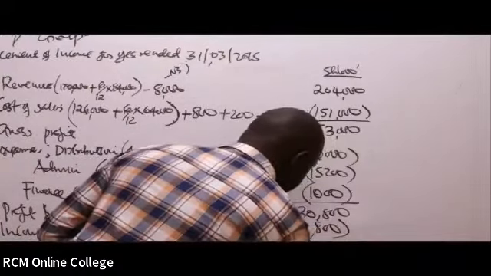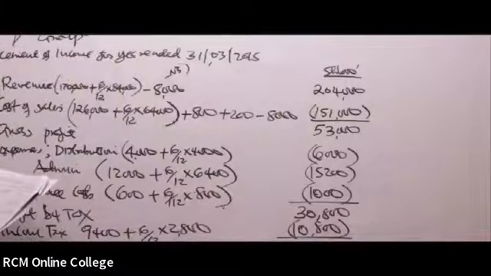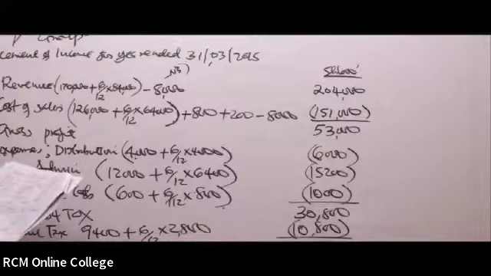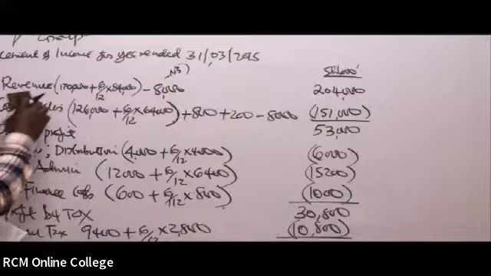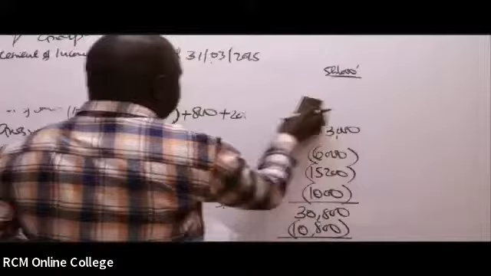You less it, and it should give you the profit after tax, which is exactly 20 million. You get the part.